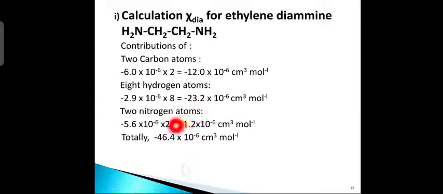Okay. There are 2 nitrogen atoms, therefore multiply by 2. What is the 1 nitrogen atom value? Minus 5.6 into 10 to the power minus 6. So you will get minus 11.2 into 10 to the power minus 6 cm cube per mole. So when you add these, you will get minus 46.4 into 10 to the power minus 6 cm cube per mole. Okay.